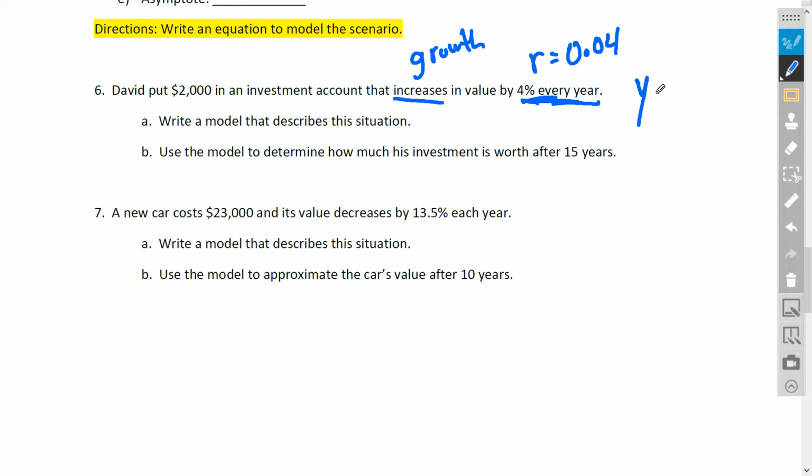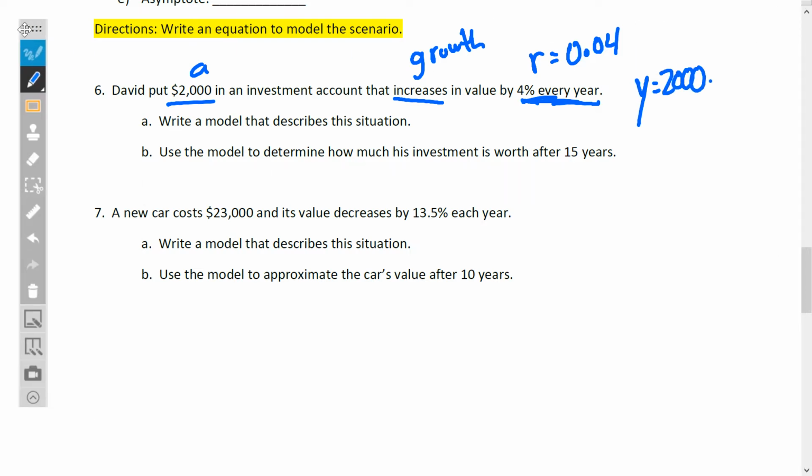So to set up our equation, it would look something like this. So here's our initial amount, here's our A value. So 2,000 multiplied by our factor, which is 1 plus, because it's growth, 1 plus the rate, 0.04, and that's raised to the t power.